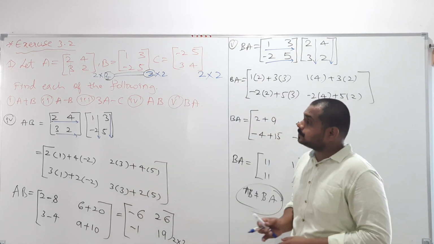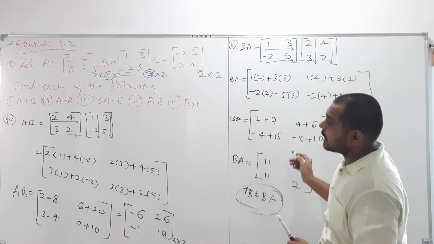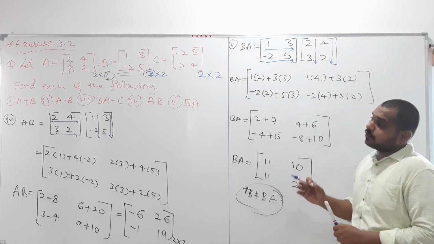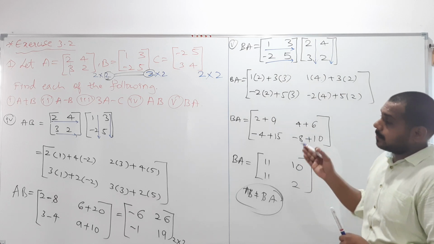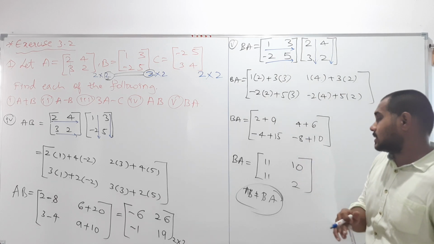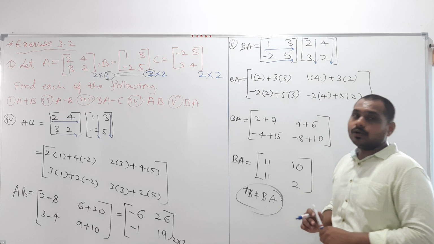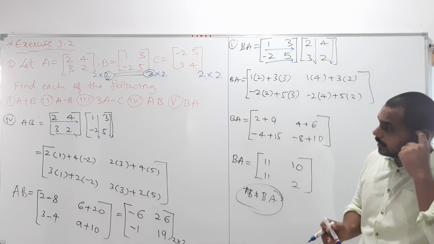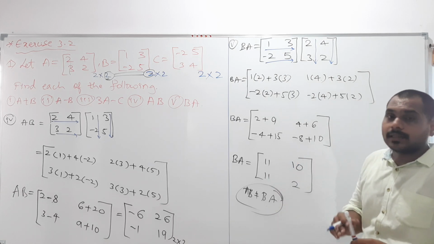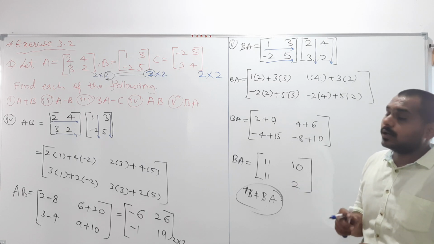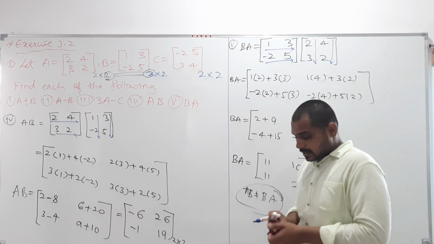If AB and BA are both defined, that is, if it is possible to multiply AB and BA, then it is not necessary that AB must be equal to BA. So this is the example for that; we are going to discuss it in the properties.